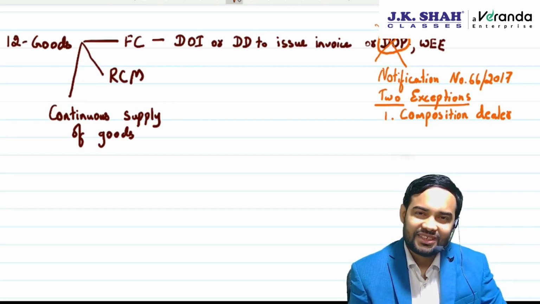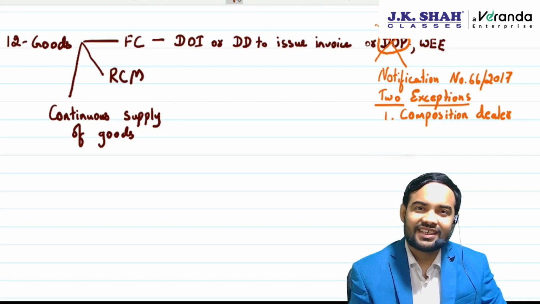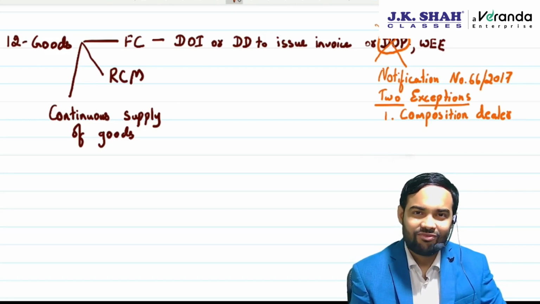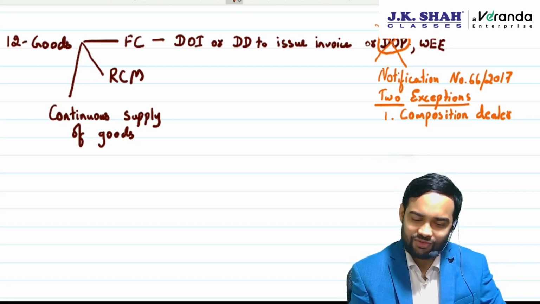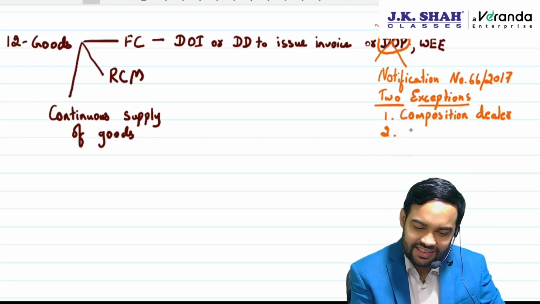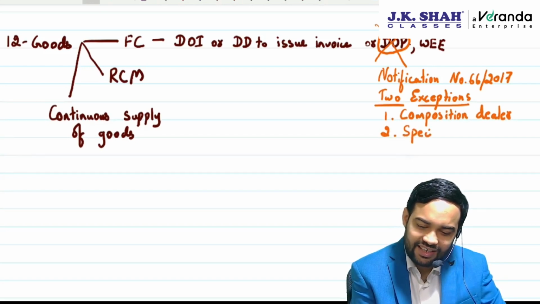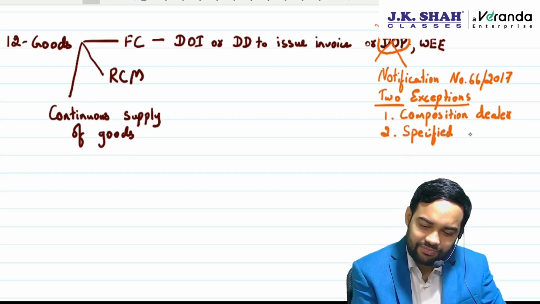As the rate remains constant, composition dealer has to use date of receipt of payment to derive his time of supply. And the second case is specified actionable claim. Even in specified actionable claims, date of payment is considered.